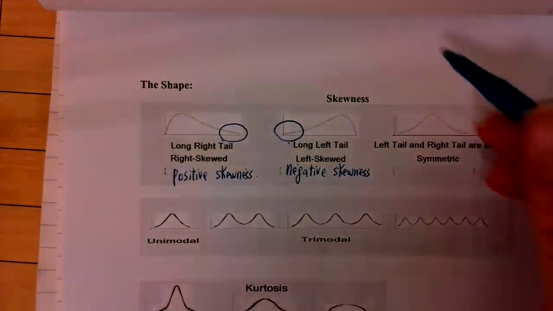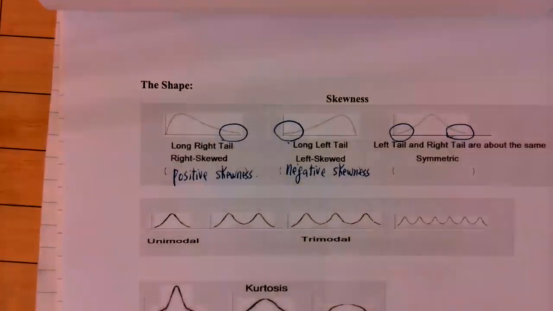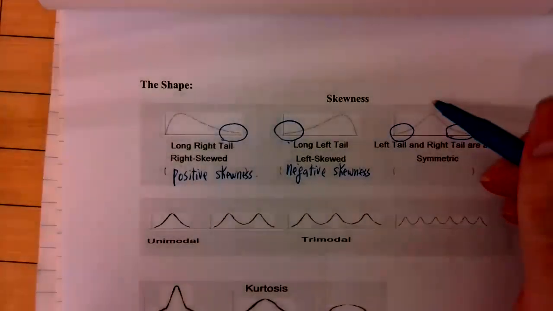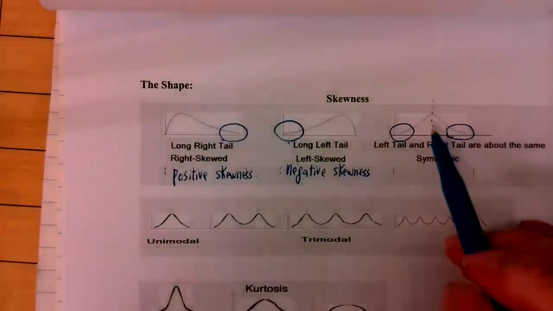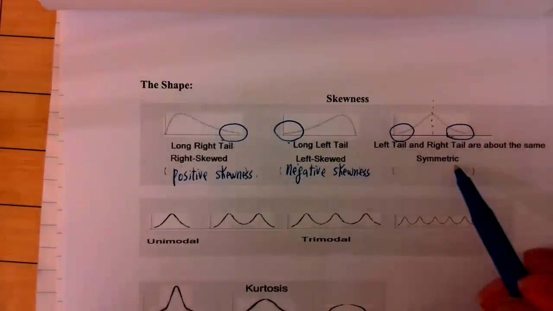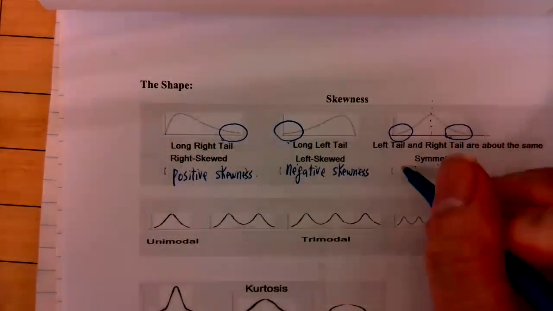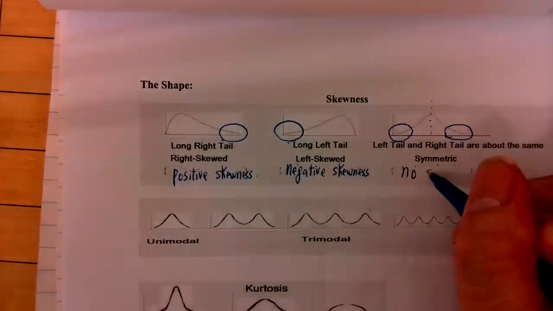If the left tail and right tail are about the same size, you can imagine there's a center, and the left part is like a mirror image of the right part. In this case, we call this symmetric. A symmetric distribution has no skewness.